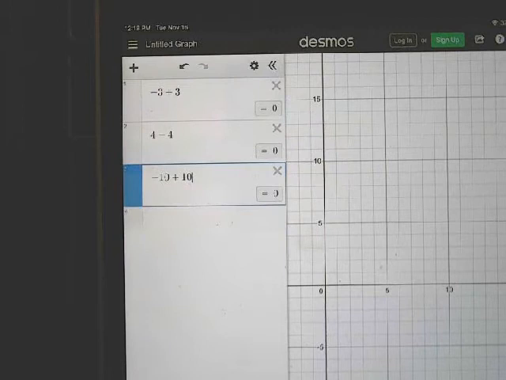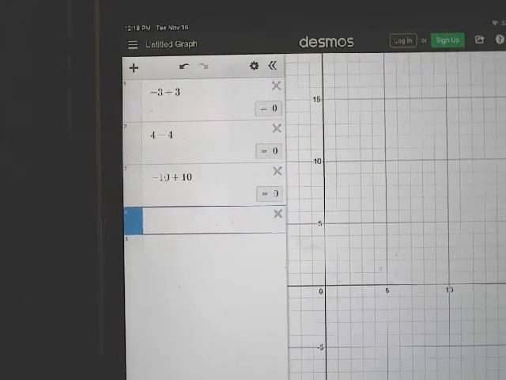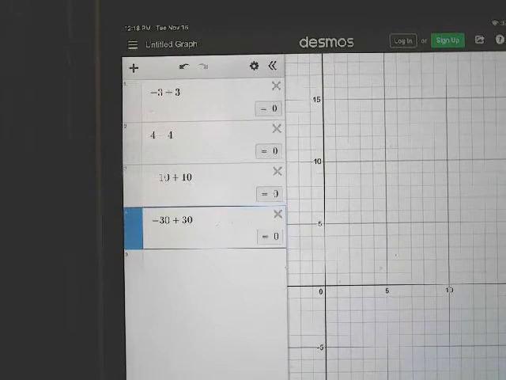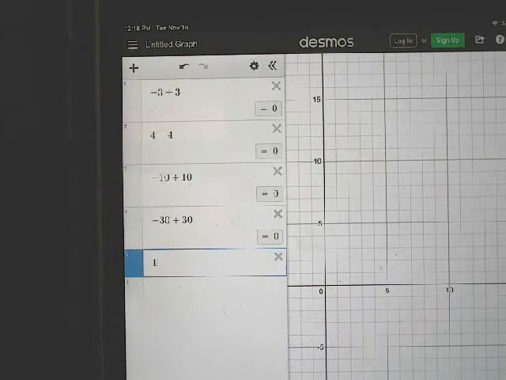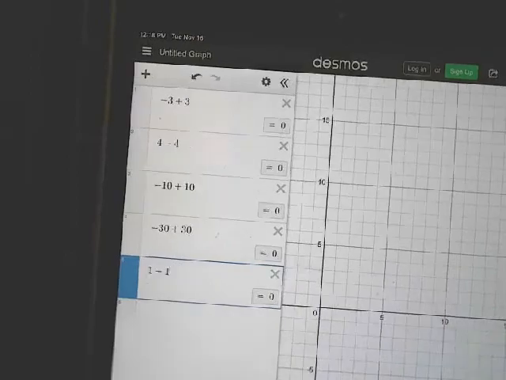Same number, different signs. What about -30? Plus 30. Okay, same number, opposite signs. Are you with me? What about a 1? -1. 1 minus 1 is 0. Same number, one's positive, one's negative. Okay, so that's important today, knowing how to eliminate something and make it 0.